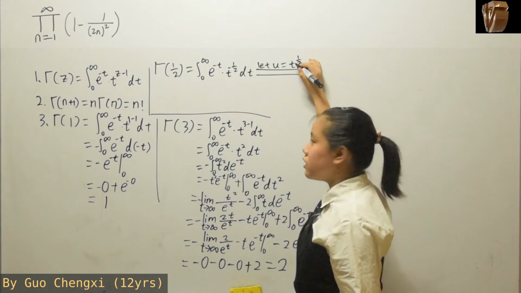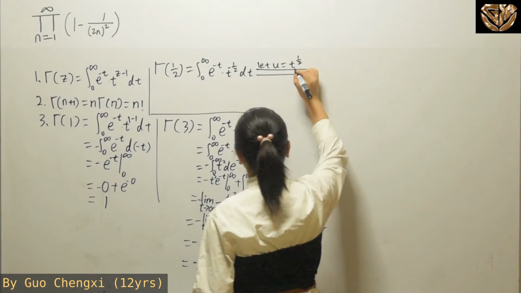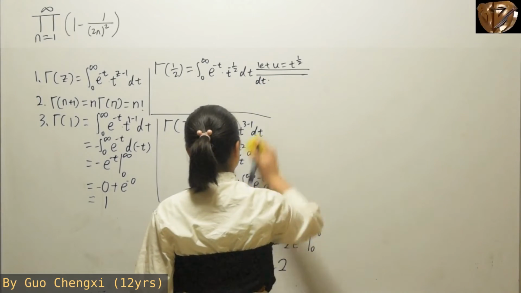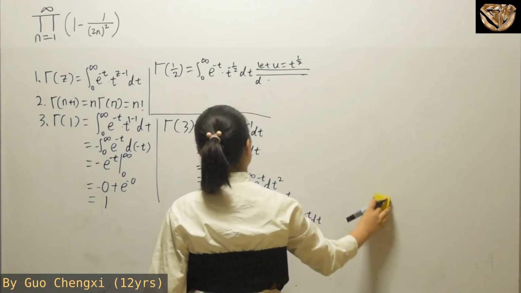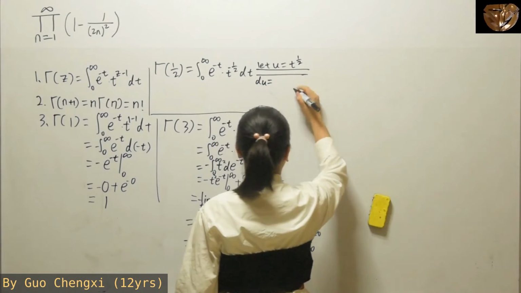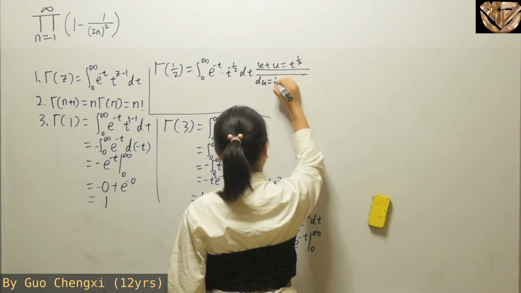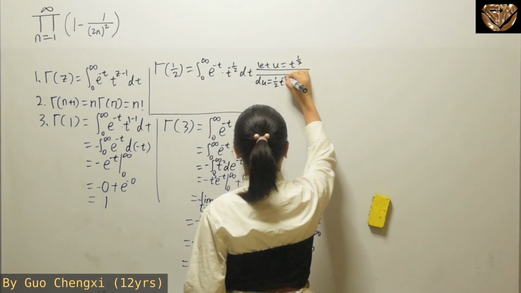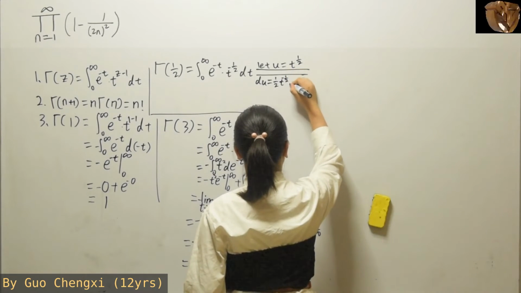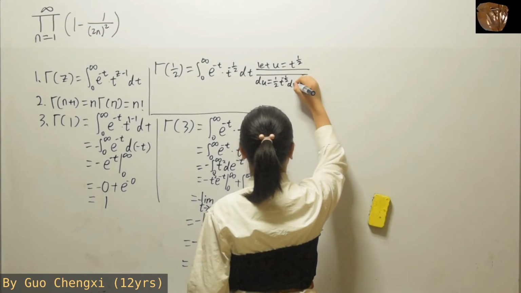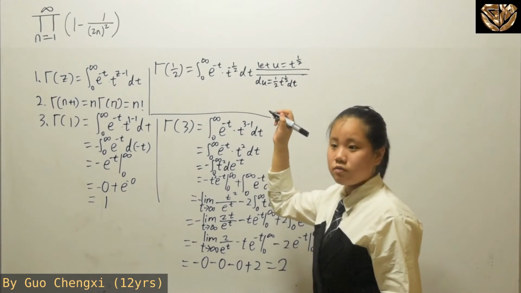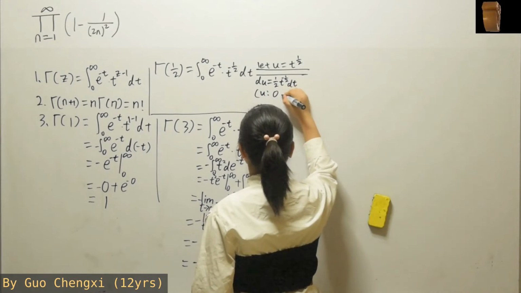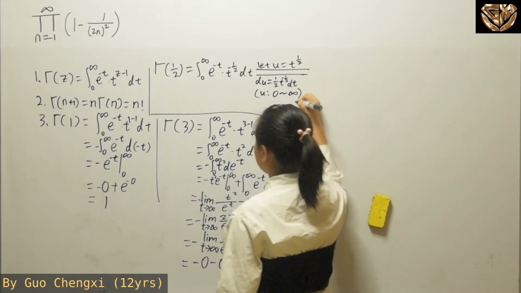As u is equal to t to the power of half, du will be equal to this, okay? And then u's boundary will still be from 0 to infinity.